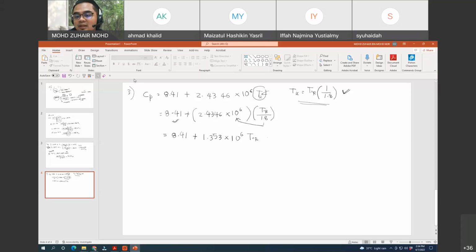Okay, so this is the final answer, in which this has the same Cp units, which is joule over gram mole K. But later, if I ask you to change this unit to something else, then you need to do the second step. But for this one, the answer will be until this stage only.